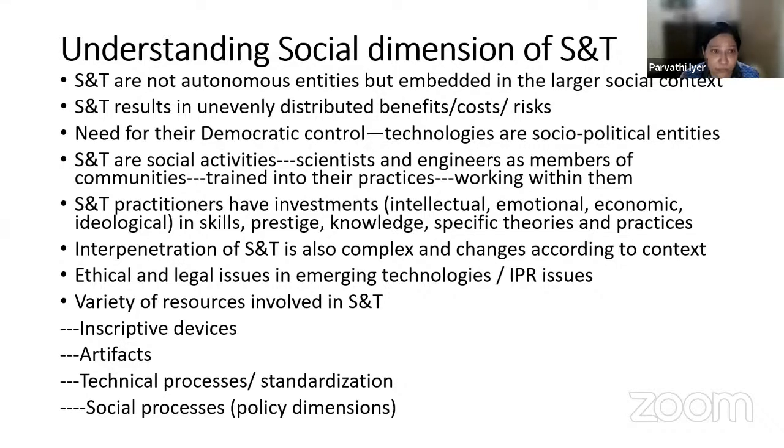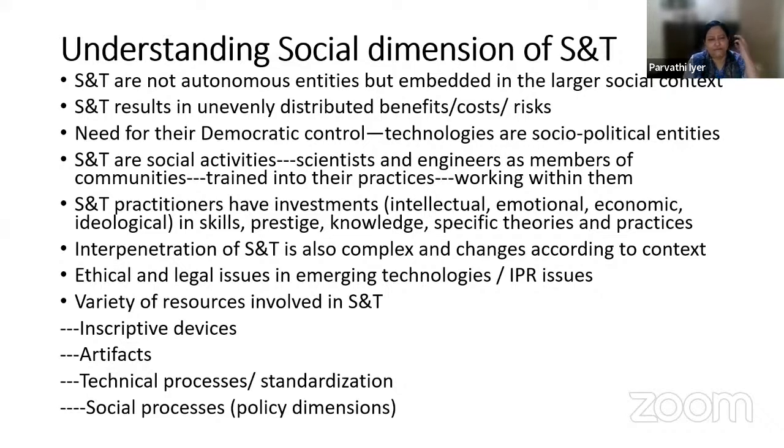Now, of course, it is obvious that the social dimension of S&T is important because of ethical and legal issues. There are many contestations with regard to emerging technologies, be it nanotechnology and safety-related issues, or biotechnology, artificial intelligence, and genetic testing and so on.